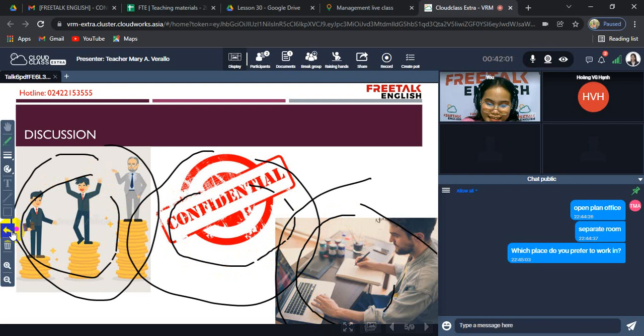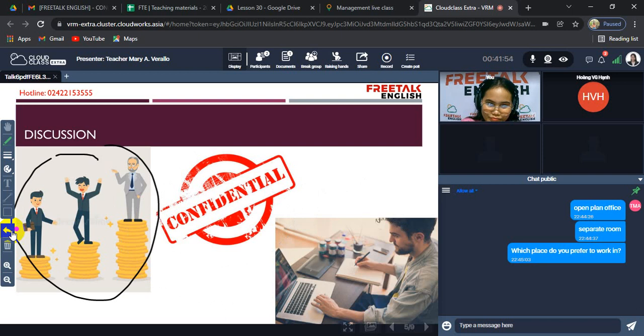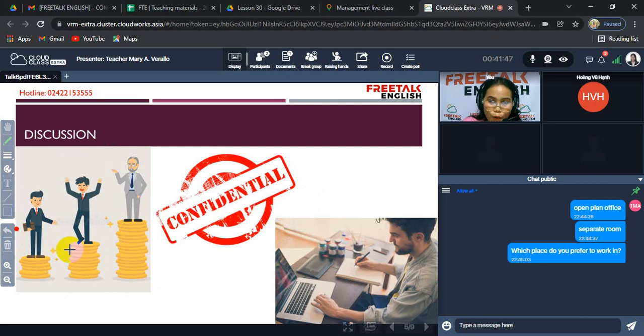What do you think? So that they can have their own place to do their own work. Okay, very good. So I want you to make criteria based on this picture. Letter A, the first picture, is seniority.